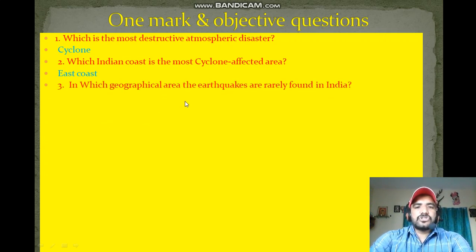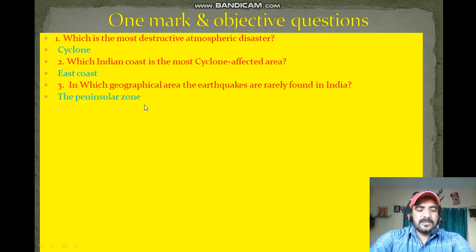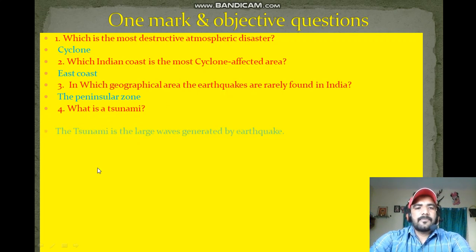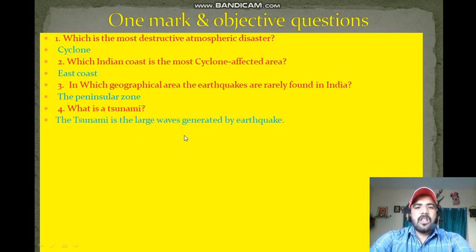Next one, in which geographical area are earthquakes rarely found in India? That is the peninsular zone. Next one, what is a tsunami? The tsunami is a large wave generated by an earthquake in oceans. Next one, what are natural disasters?